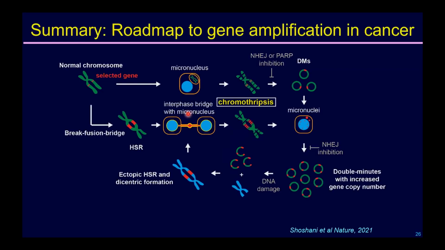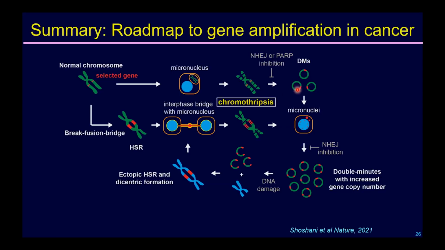So we conclude from all of this that if you take a normal chromosome that has a gene whose presence can be selected, can provide a growth advantage, and that chromosome gets broken or missegregated into a micronucleus, it will be shattered by a process of chromothripsis.